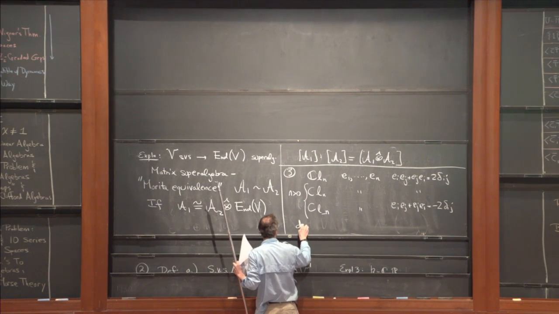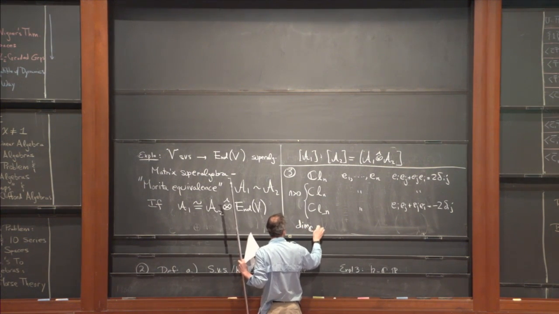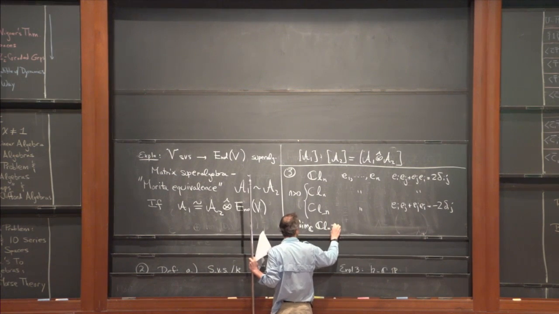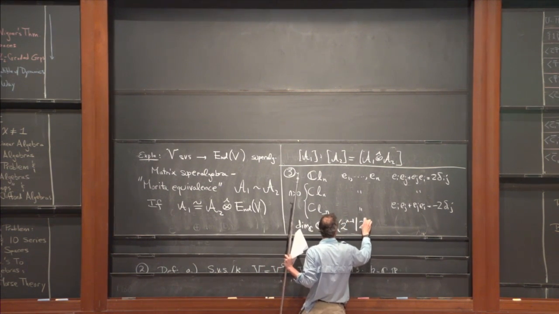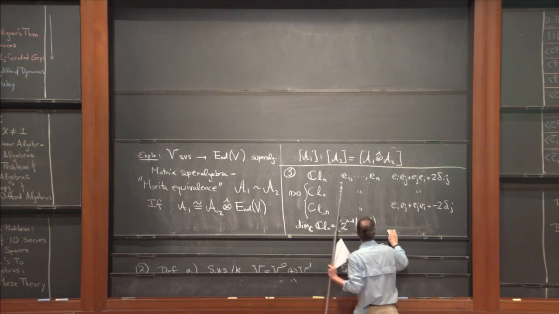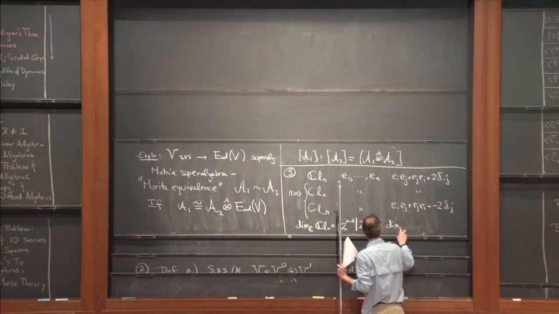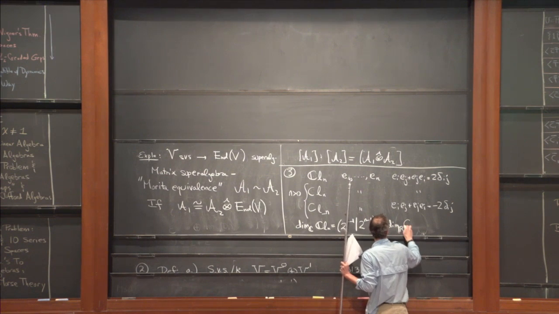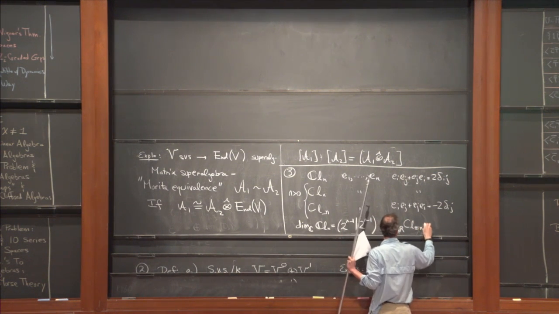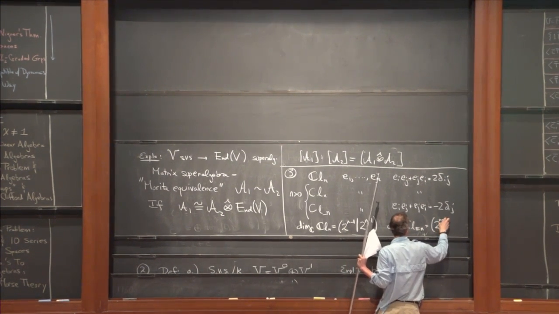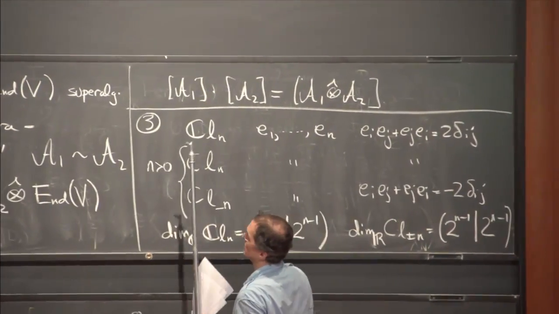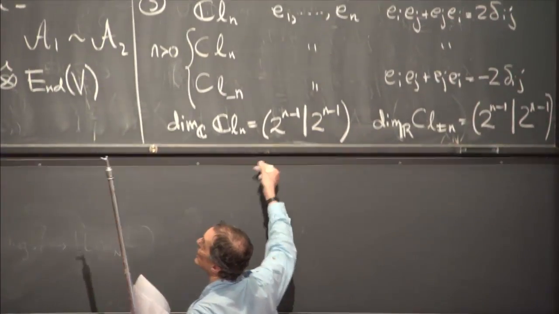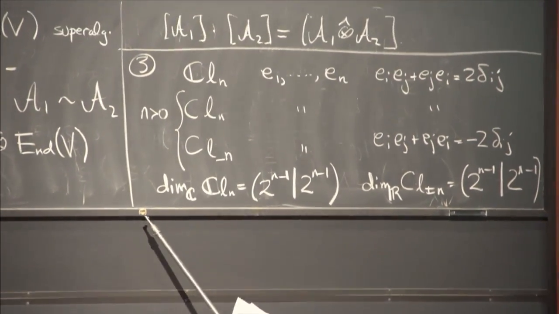Okay, so the dimension over the complex numbers of CLN is 2 to the n minus 1 slash 2 to the n minus 1. And the dimension over R of CL plus or minus n is 2 to the n minus 1 slash 2 to the n minus 1. Okay, and I leave that as a tiny little exercise.